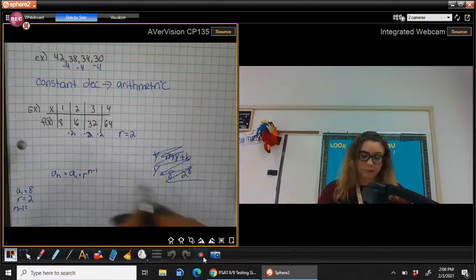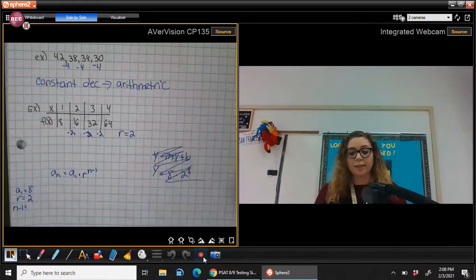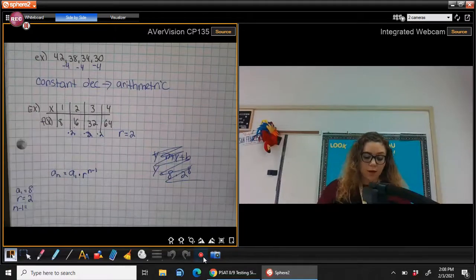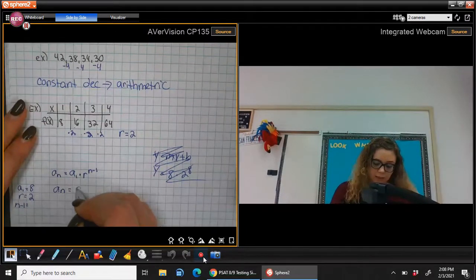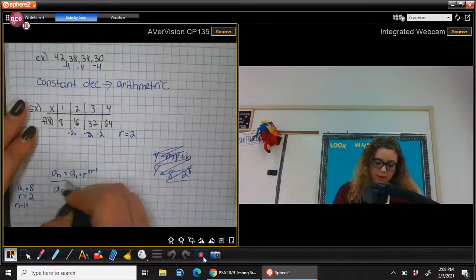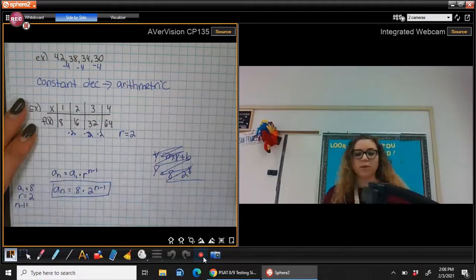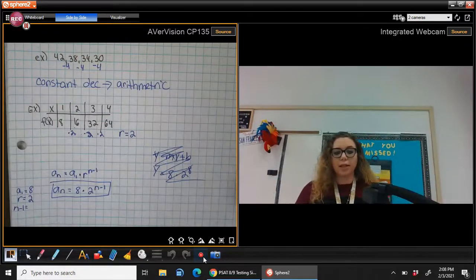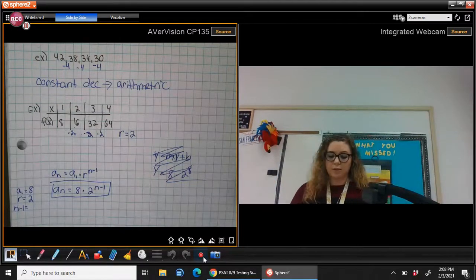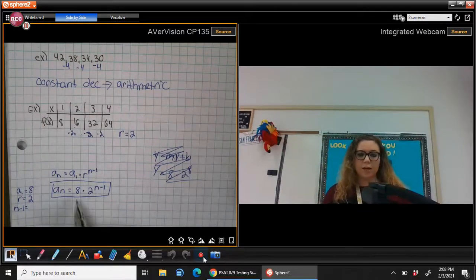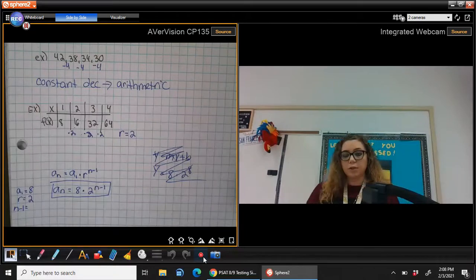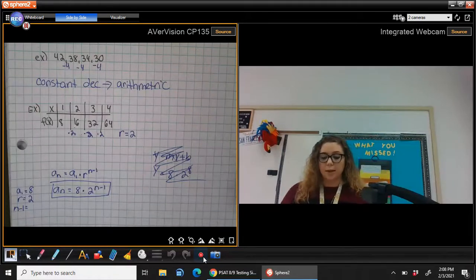Just leave it like that because they're not asking us to find anything. All they want is that equation for this graph. So I'm going to have a n equals 8 times my ratio to the n minus 1. So now if they told us to find the 1,000th term, we could plug that into the formula and get that. But this is the equation that matches this line. So you would choose something that looked like that.